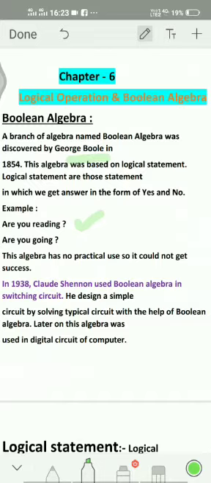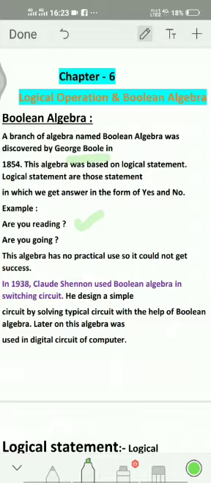If I say come on, go there, this is also not a logical statement. If we get the answer in the form of yes or no, then these expressions, these statements are known as logical statements. Like New Delhi is the capital of India, this is a logical statement.